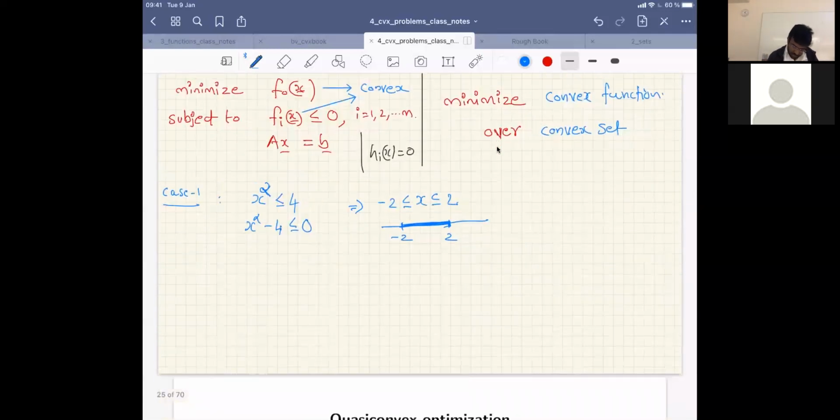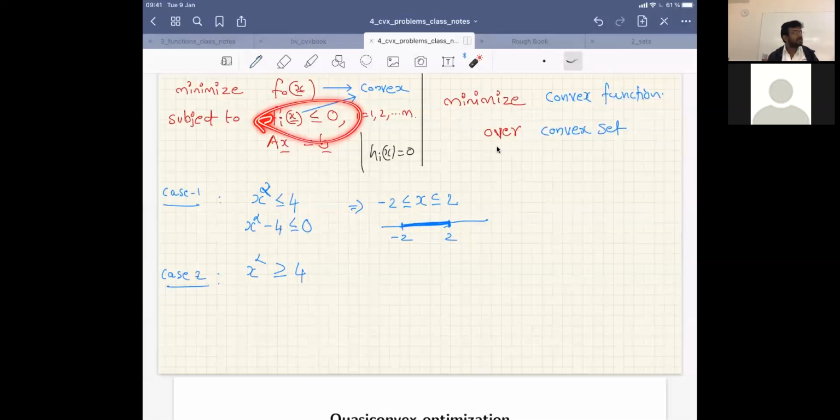Now, next, case 2. This is very important. That's why I'm revisiting this. This is the inequality. So what you have to do is make this in a similar form like this.